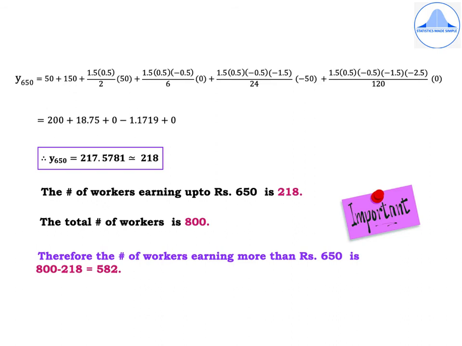Therefore, y 650 is equal to 217.5781, and you approximate it to 218 because we are finding out the number of workers.